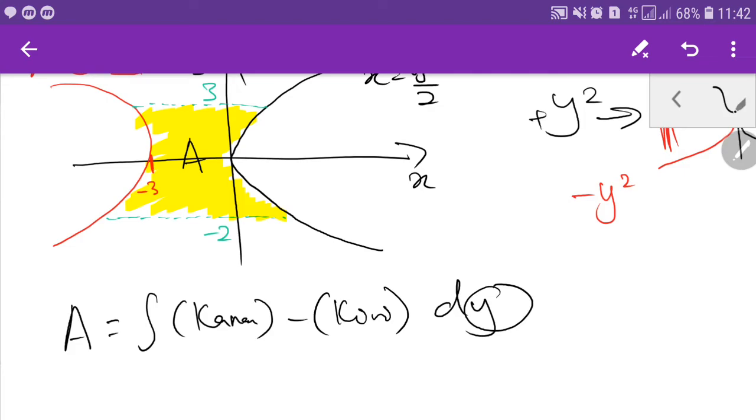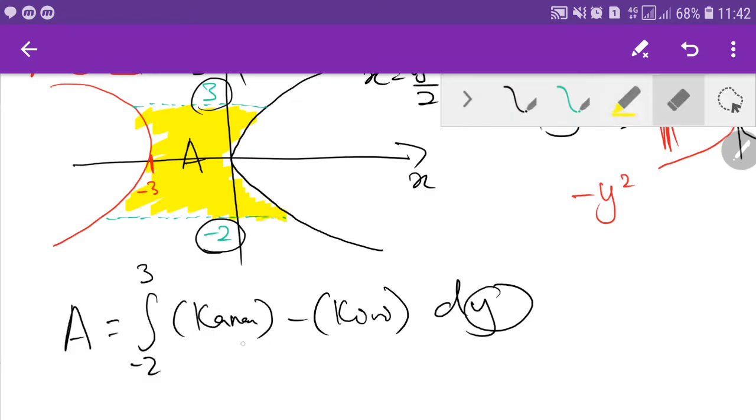And then since it's dy already, the limits involved must be values of y, which we already have here, so minus 2 and 3. So what is our kanan function? Kanan function is the one on the right hand side of the area bounded.